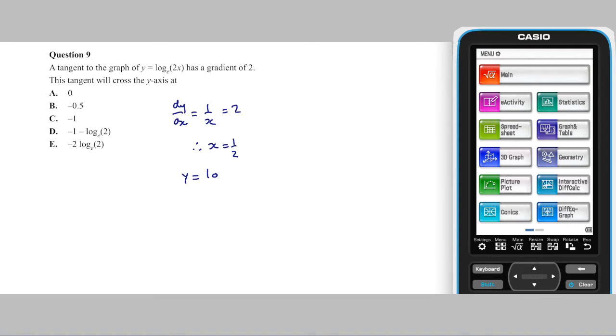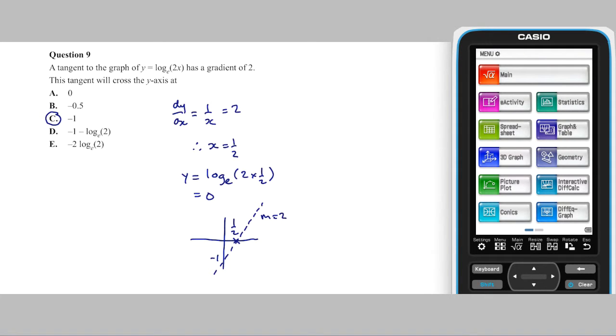As log base e of 2 times 1/2, or log base e of 1, is equal to 0, we now know that the point at which the tangent is drawn is the point 1/2, 0 on the x-axis. As this tangent has a slope of 2, we can work backwards to obtain the y-intercept of minus 1, and hence our answer is C.